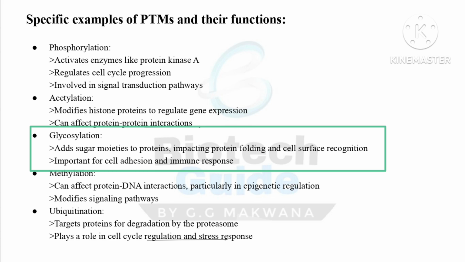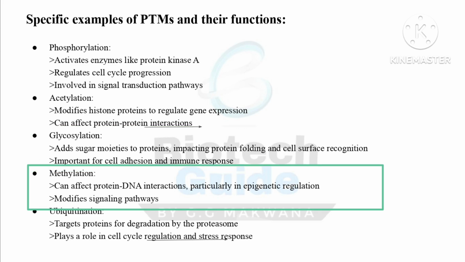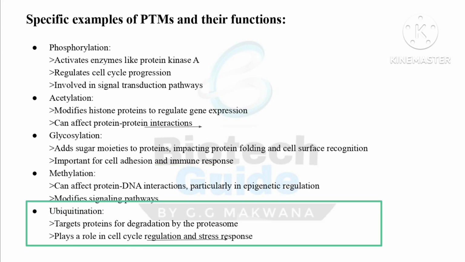Also important for cell adhesion and immune response. Then methylation can affect protein-DNA interaction, particularly in epigenetic regulation. It also modifies signaling pathways. Last, ubiquitination targets a protein for degradation by the proteasome and plays a role in cell cycle regulation and stress response. So these are examples of post-translational modification.